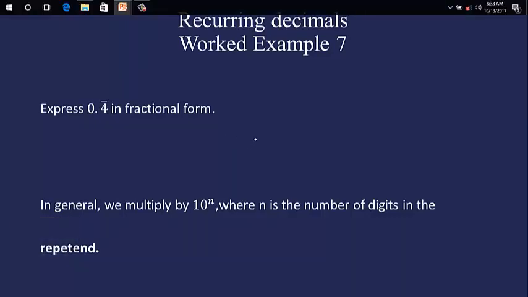For this one, the repetend is 0.4444, and only one decimal place is repeating. So in this case our n is equal to 1. That's why we multiply by 10 to the power 1, which gave us 10x. So if it is 2 decimal places that are recurring, then we multiply by 10 to the power 2.